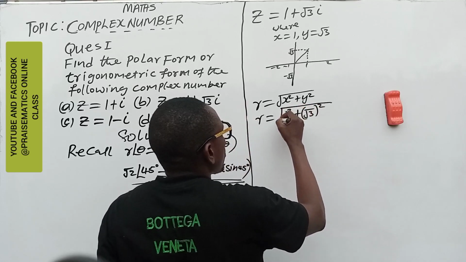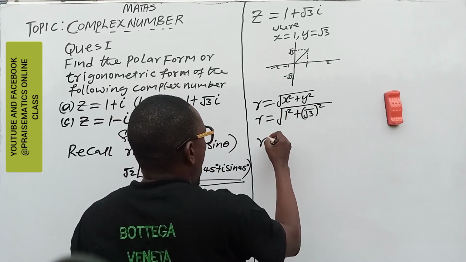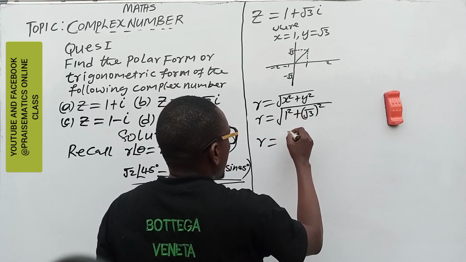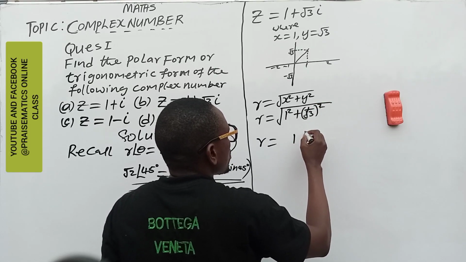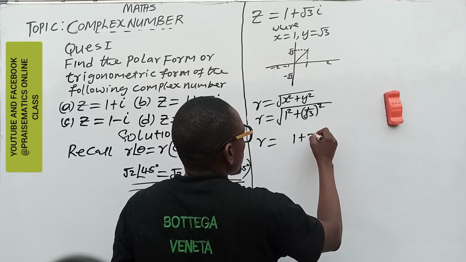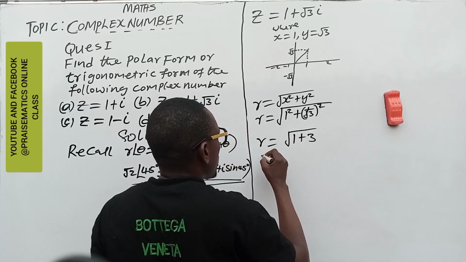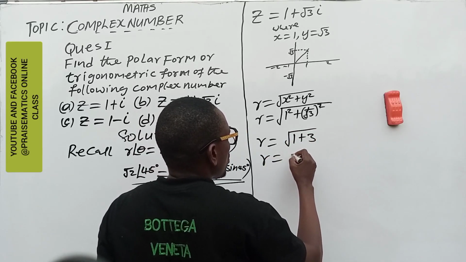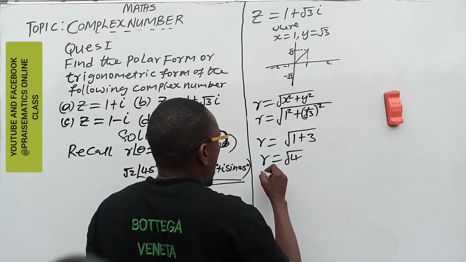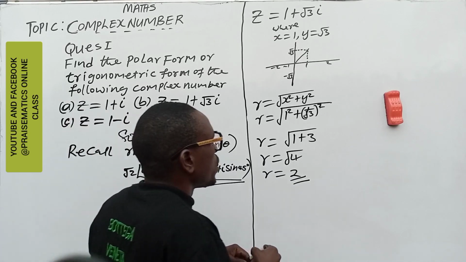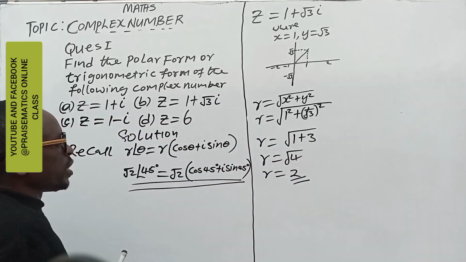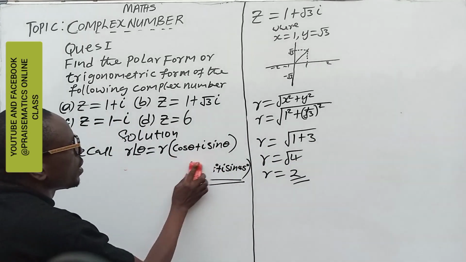Remember that this is square root. 1 times 1 gives us 1, and the square cancels the square root, so we have 1 plus 3. So r is equal to root 4, r is equal to 2. So 2 is the modulus of the equation.